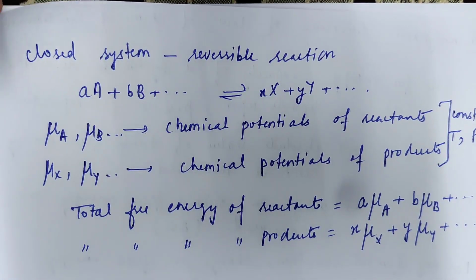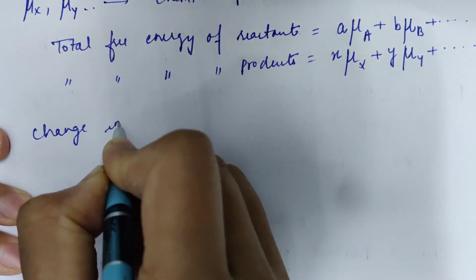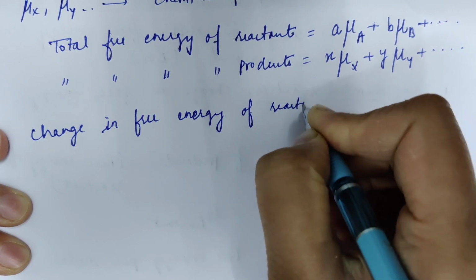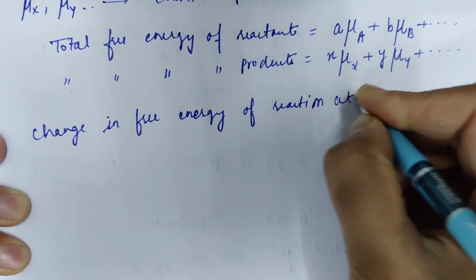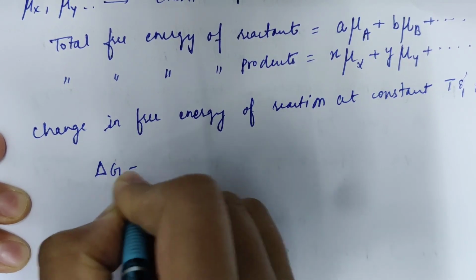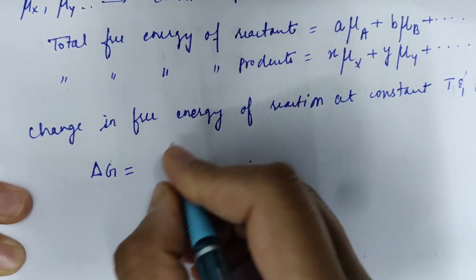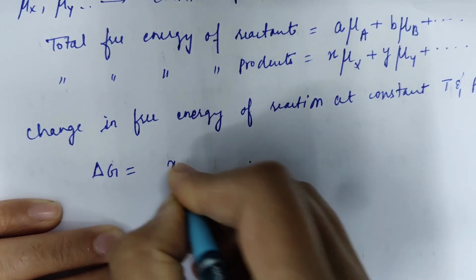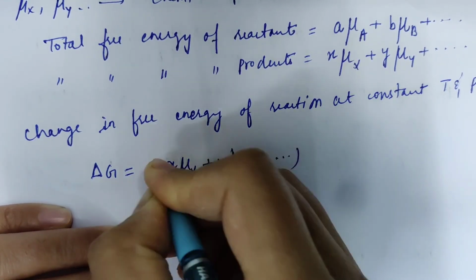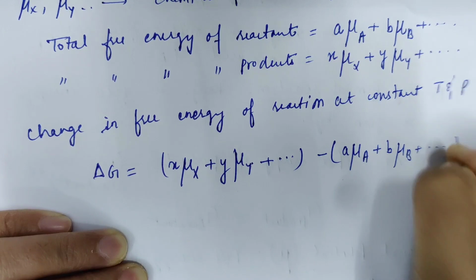So the change in free energy of the reaction at constant temperature and pressure will be delta G equal to the total free energy of products minus the total free energy of reactants. Putting the free energy in terms of chemical potential, it becomes X of mu X plus Y of mu Y plus so on, for the products, minus A of mu A plus B of mu B plus so on, for the reactants.